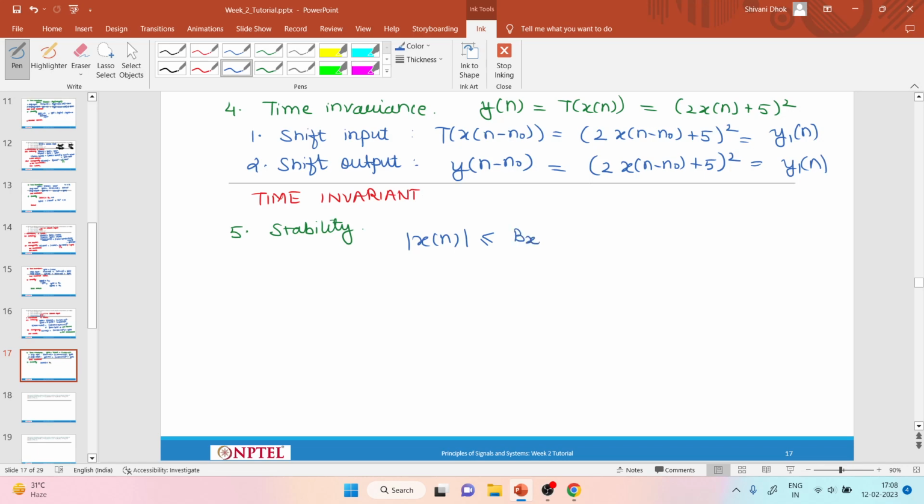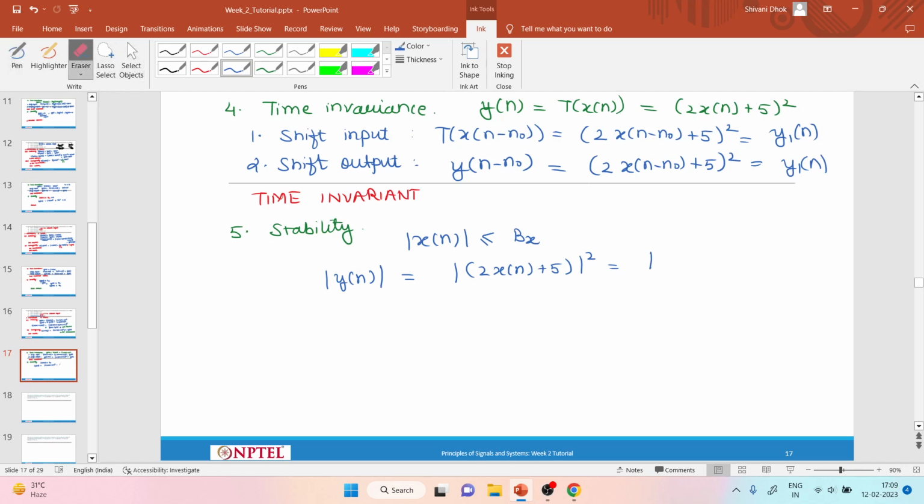So now let us look at the absolute value of y of n, which is equal to the absolute value of 2 times x of n plus 5 squared, which is equal to, you can just interchange absolute value and square, since it is a single value, so we can just have it.